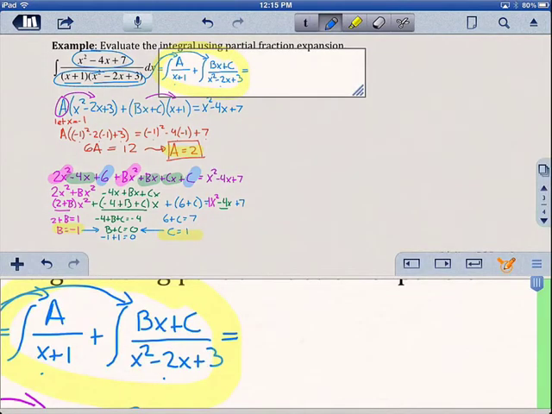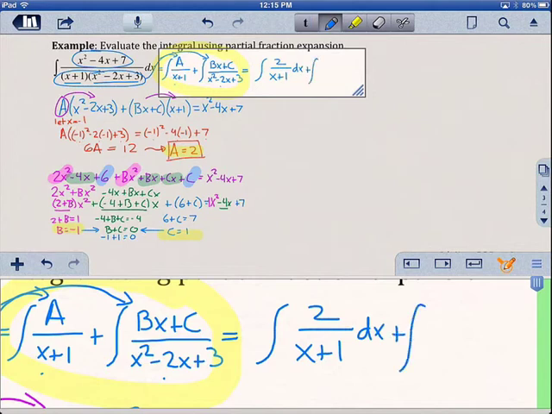So we're going to get the integral of 2 over x plus 1 dx plus the integral, well, b is -1, so negative x plus c is 1, so plus 1, over x squared minus 2x plus 3 dx.